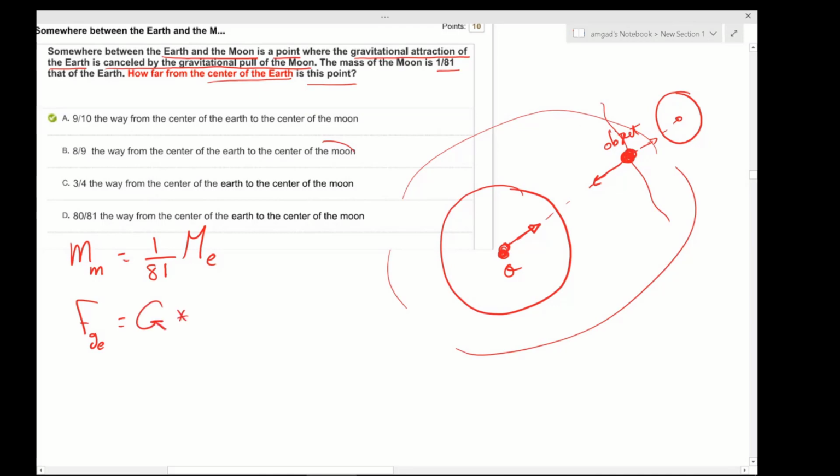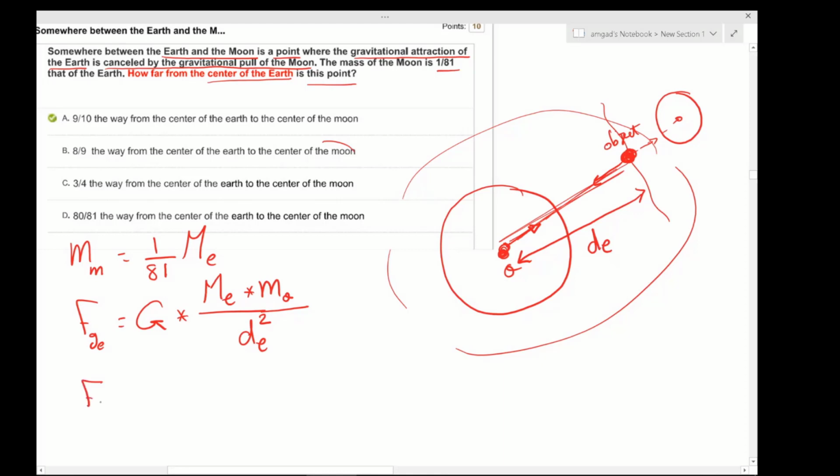It's G times the mass of the Earth times the mass of the object divided by the distance from the Earth squared. Because here there is a distance, it's not on the surface, so we cannot use the radius. We need to take the whole distance.